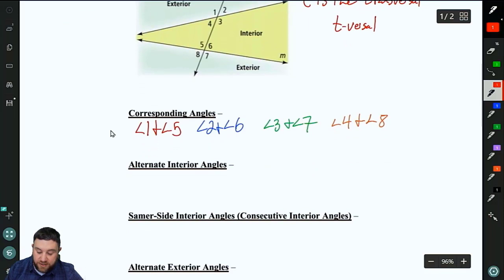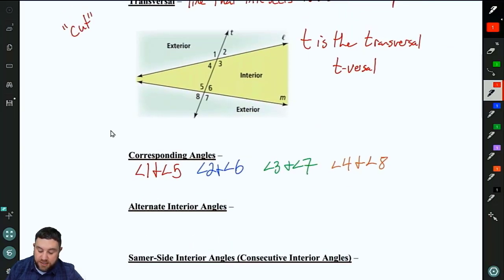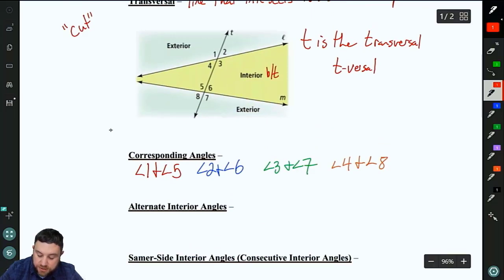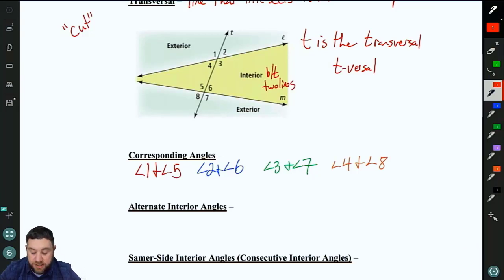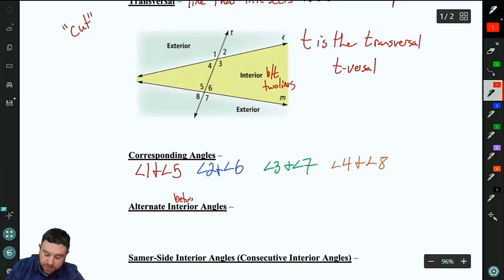Our next set of angles are alternate interior angles. Now let's look at our picture up here. Interior is between the two lines. Okay, so when we have an interior angle, we know it has to be between the two lines. Exterior are not between the two lines. So alternate interior angles, they're between the two lines. Alternate means different sides.